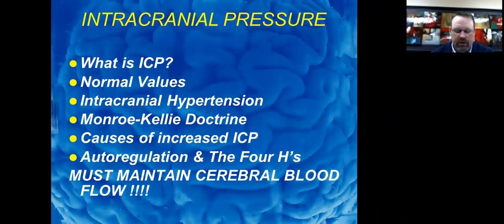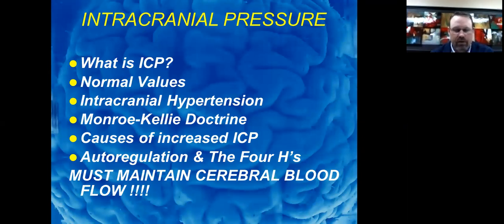So if the size of the brain tissue increases, or there's more blood than should be in there, or there's more CSF than should be in there, then it's going to increase the intracranial pressure. And one of those has to decrease, either the brain tissue, the blood, or the CSF. And if it's a big enough bleed and rapid enough, there isn't enough time for the CSF to regulate it and get it out.